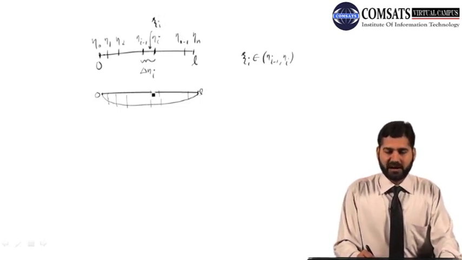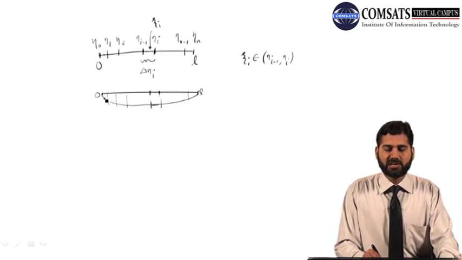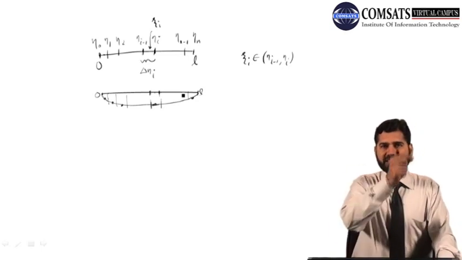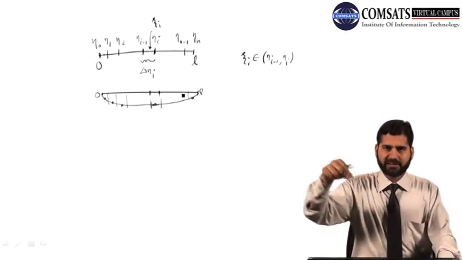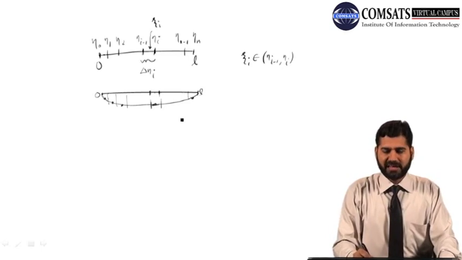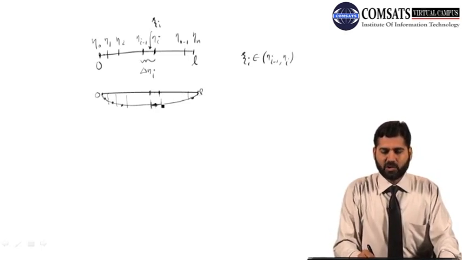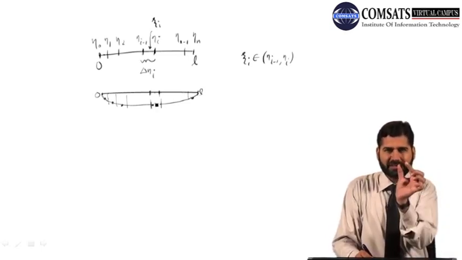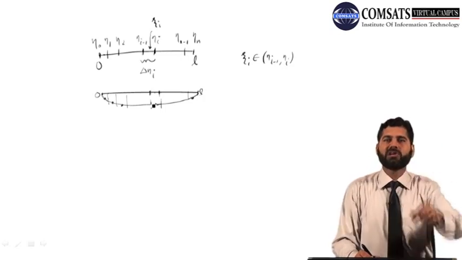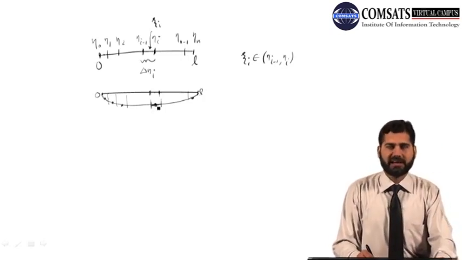I said instead of a distributed load, which is not constant, let's say there is a concentrated load at each of these points. Distributed load means at each point there is some weight on the string. So we are saying that I can replace the load on this small element of the string by the concentrated load at one point xi i.